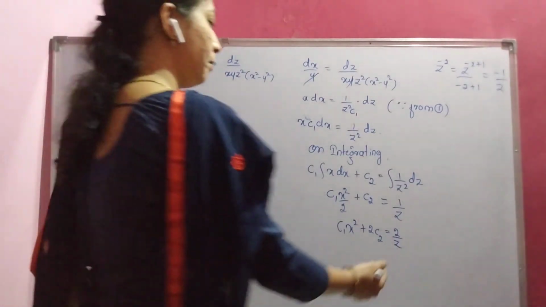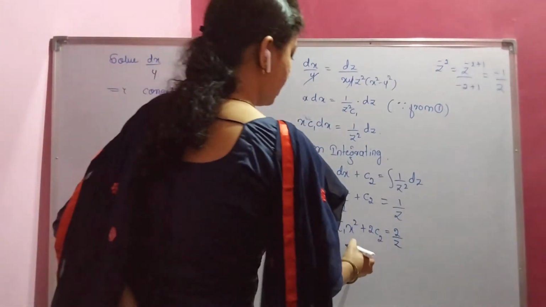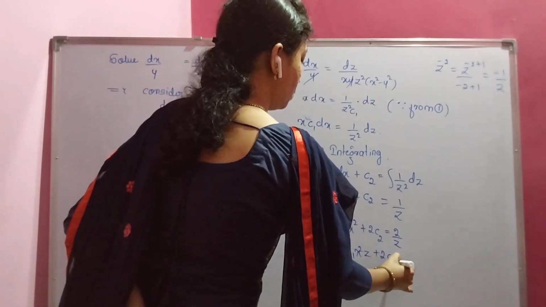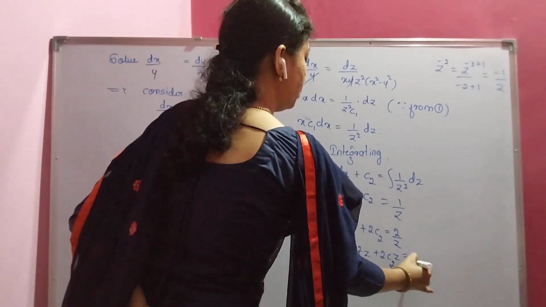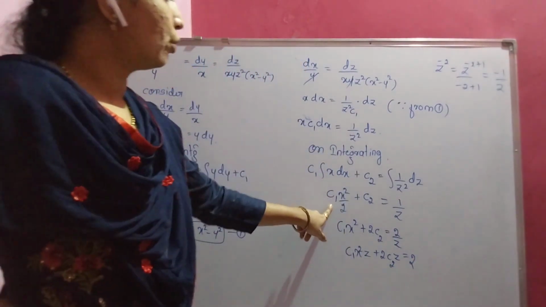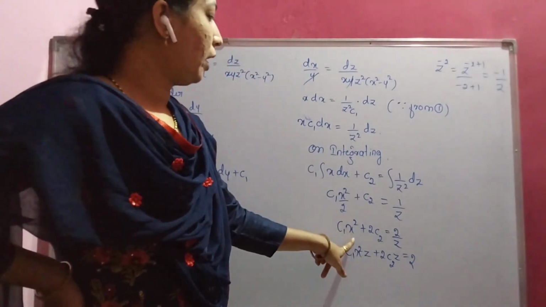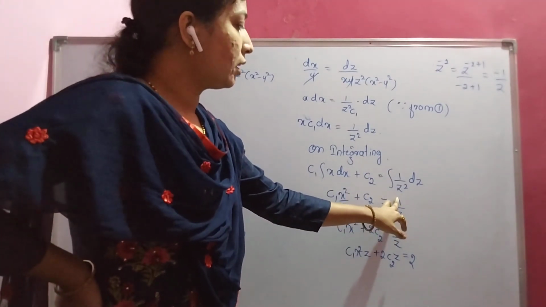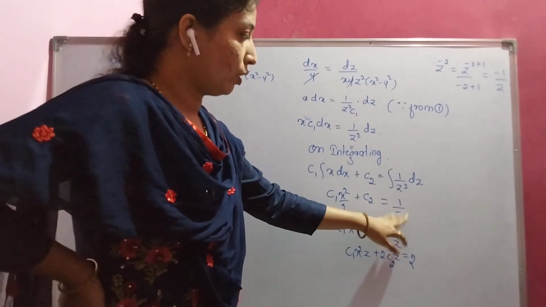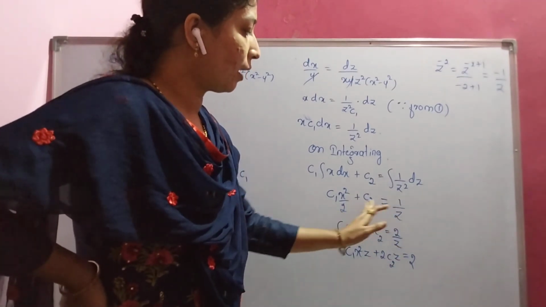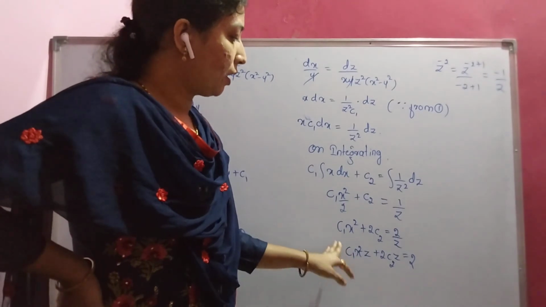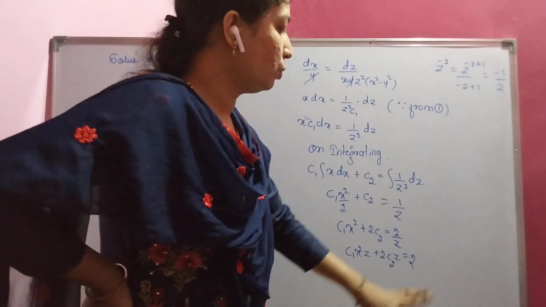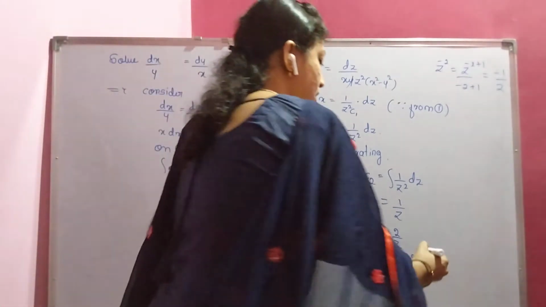Then multiply this z to the LHS, so the LCM is 2, so we can write c1 x square plus 2 into c2, that 2 goes to the RHS, then it becomes 2 divided by z, and again this z can be transferred to the LHS. Then it becomes c1 x square z plus 2 c2 z is equal to 2. This is called equation 2.